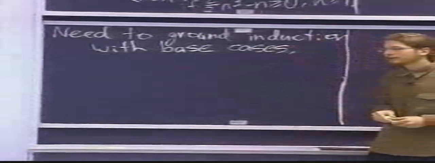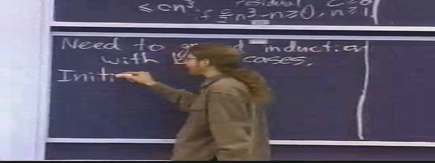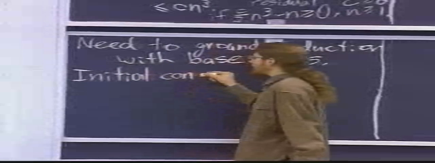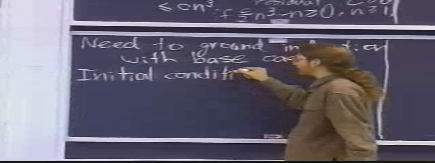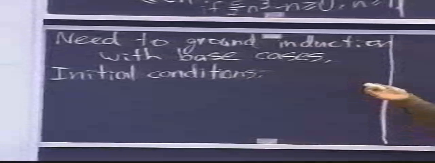And the reason I didn't specify the initial conditions for this recurrence is that they're pretty standard. When you're dealing with algorithms, if n is a constant, your algorithm can't do very much. If I give you an input of size 5, it could spend 5 cubed or 5 factorial operations.